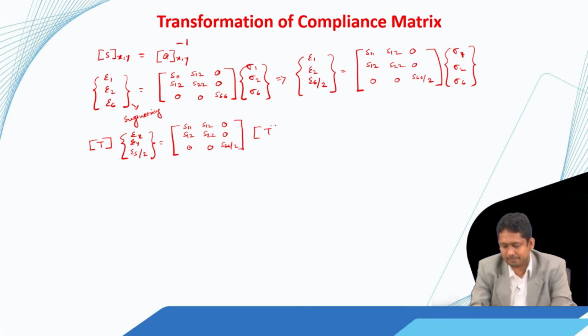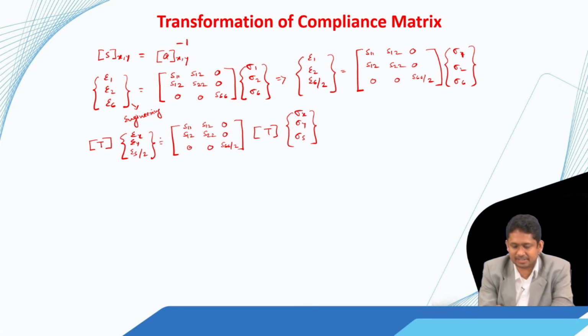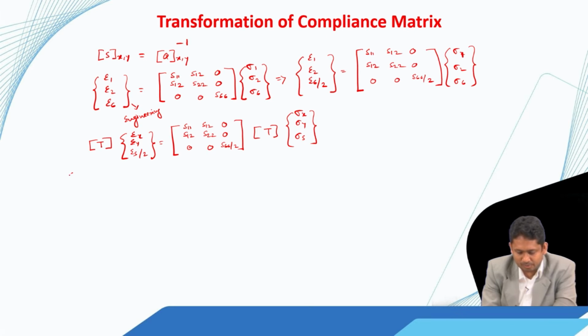Accordingly, here we have T multiplied by sigma x, sigma y and sigma s. Now, again we can take T inverse on the right hand side, and we have T inverse multiplied by this S matrix with S66 adjusted for tensorial definition into T, and that we can call a new S matrix in the xy system.